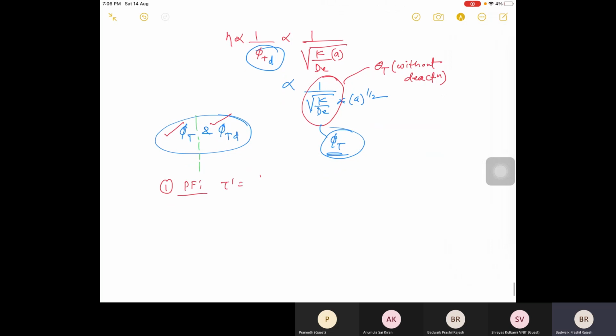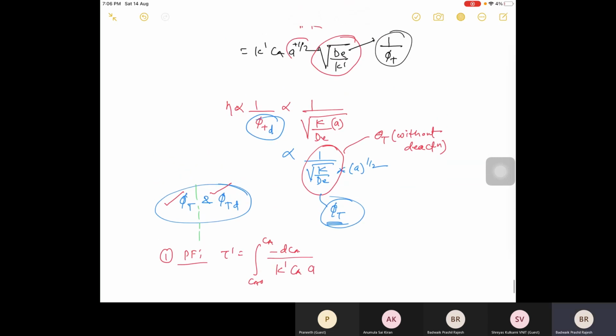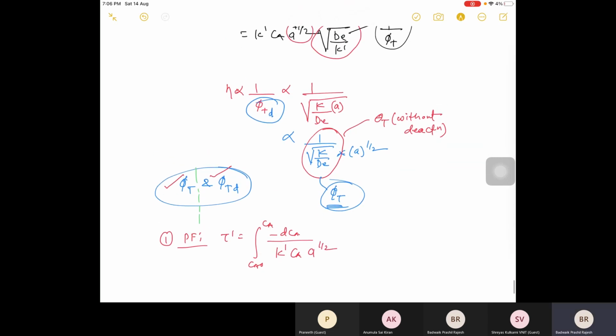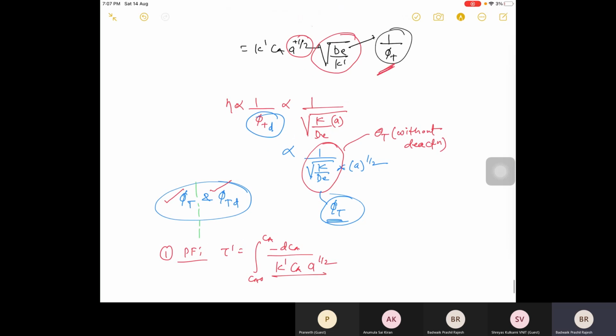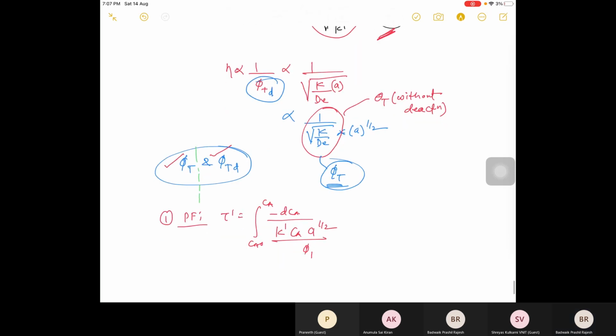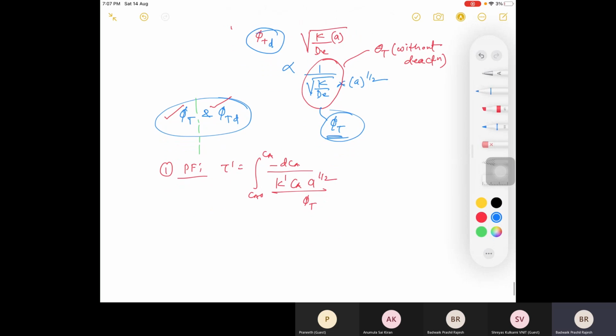Tau dash equals the integration from CA naught to CA of dCA divided by K dash, CA to the power A, which we derived, to the power half, and divided by theta t or phi t, you can write whichever. This is your equation. Should I explain this or can you write?